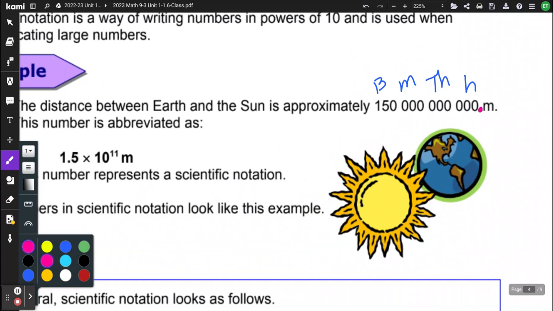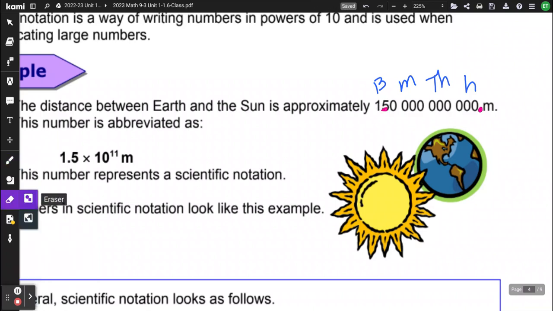The letter M is our units. That's for meters. So the decimal doesn't hide with letters. It hides at the end of a number. So it's hiding right there. How many places do I have to move it to make it sit right there? I need it to sit between the 1 and the 5. So let's just check it out. We're going to find out how many spaces it has to move in order to sit right there.